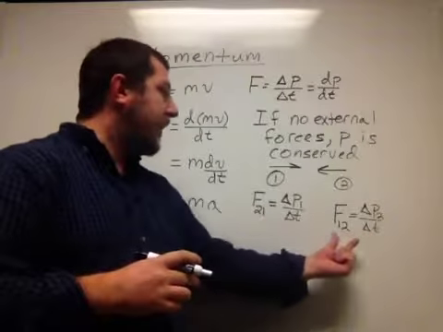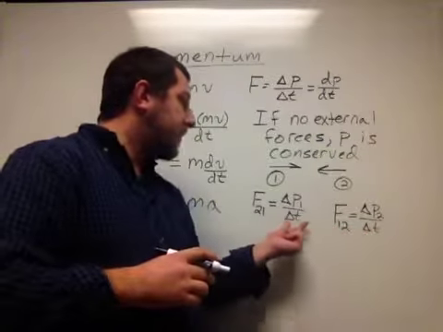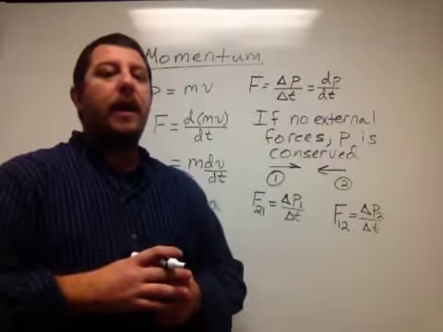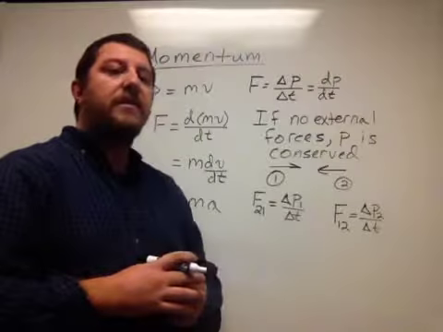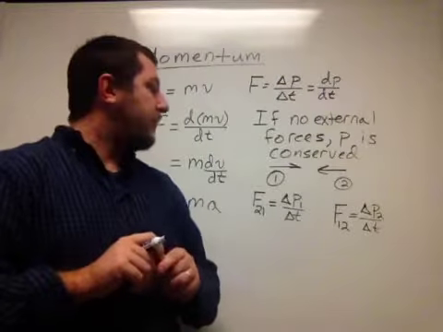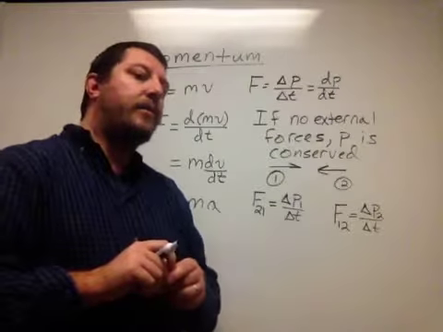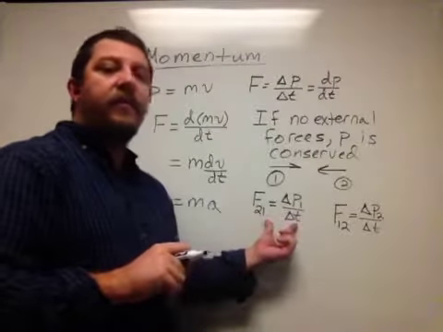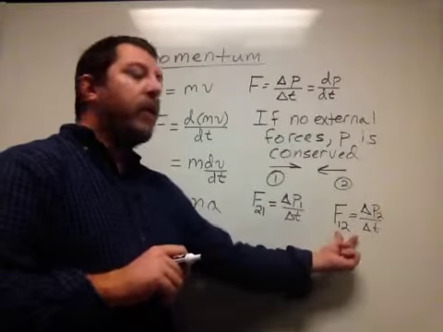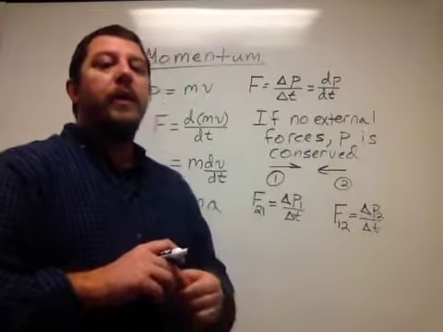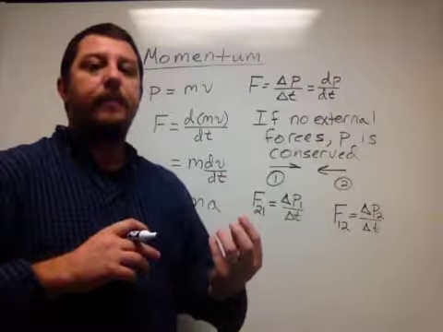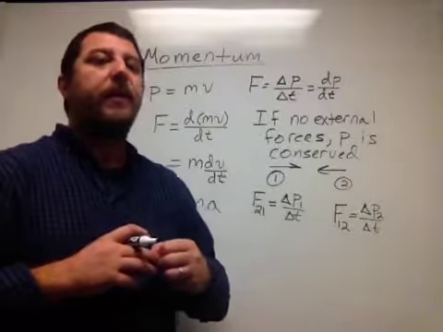And notice in both cases, the deltas are the same. Newton's third law says that for every force, there's an equal and opposite force. So if ball 2 exerts a force on ball 1, and ball 1 exerts a force on ball 2, then these forces must be equal and opposite.